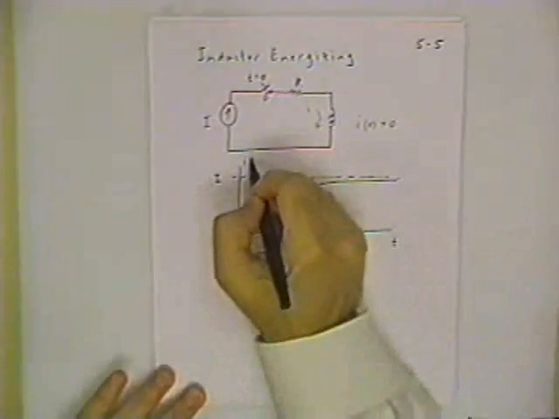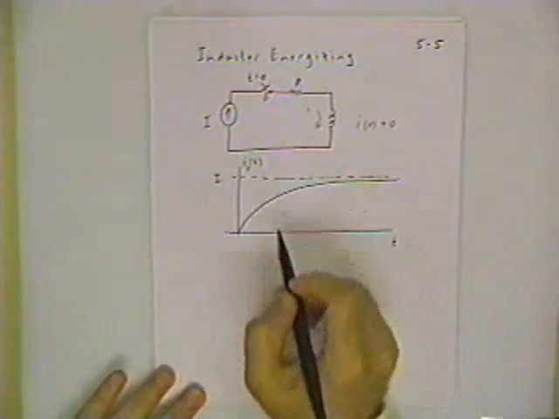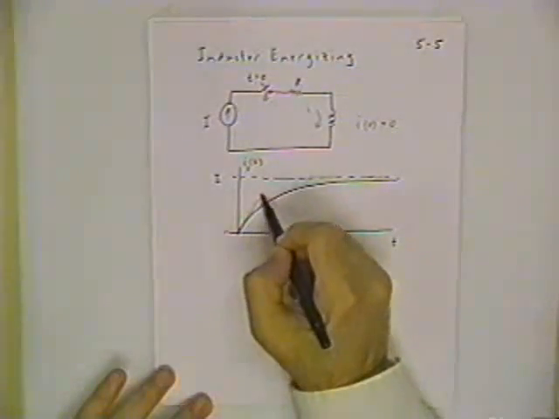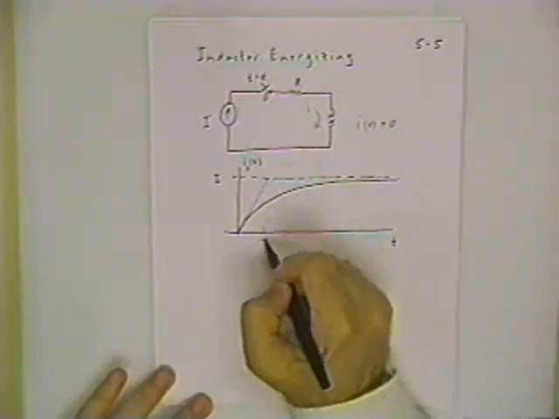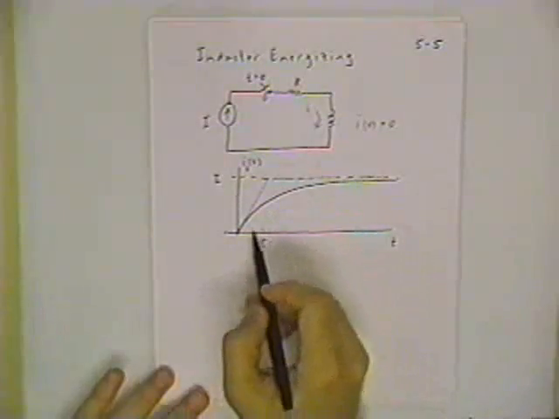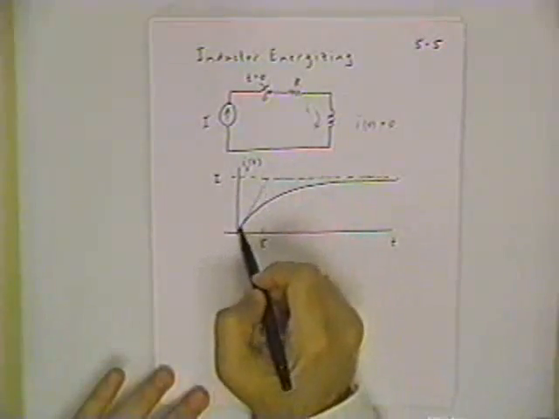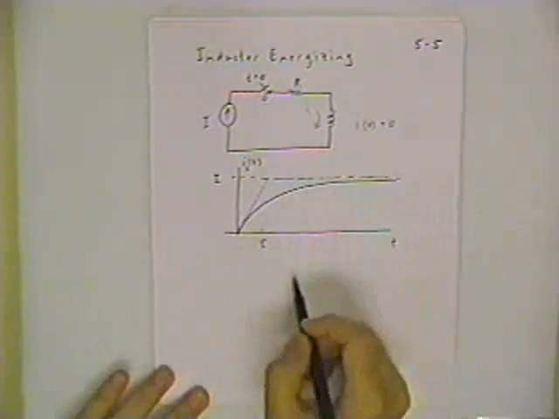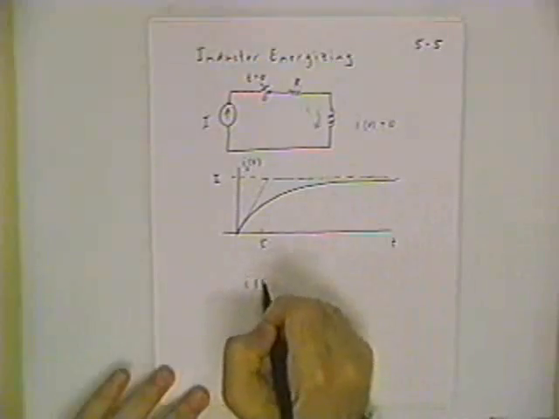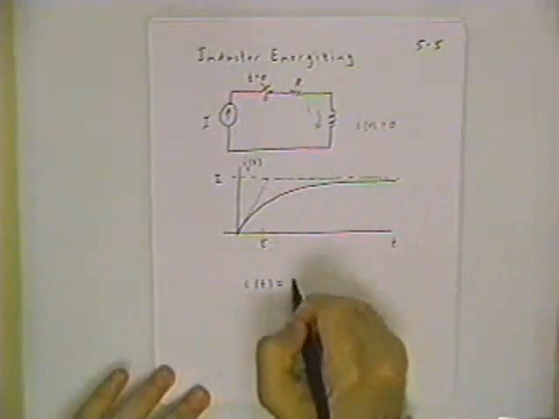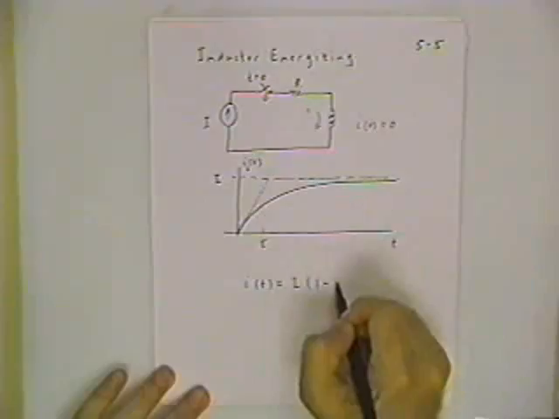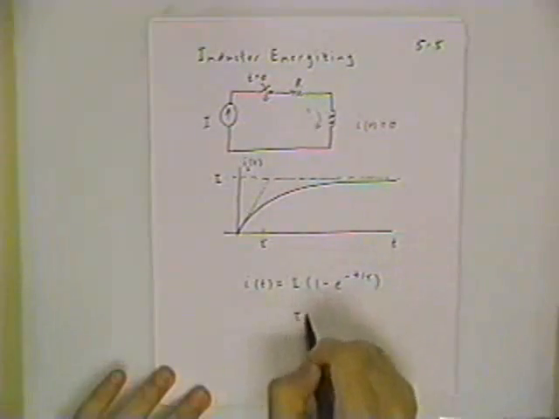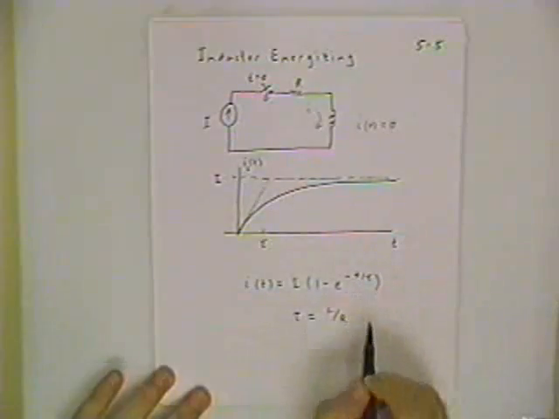If this is a plot of the current in the inductor as a function of time, it has this exponential increase behavior. After tau seconds, it will have achieved its final value if it were still increasing at this initial rate, but since the rate is constantly slowing down, it takes forever to get there. And what I predict from the full analysis of this problem is that you would get exactly that form with tau equal to L over R once again.